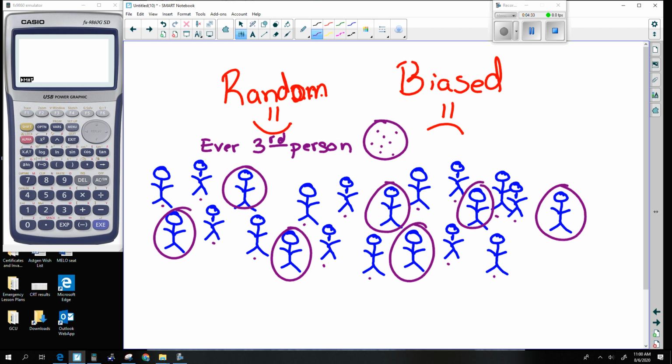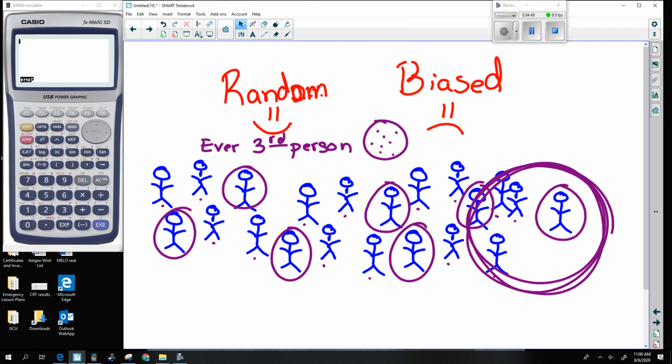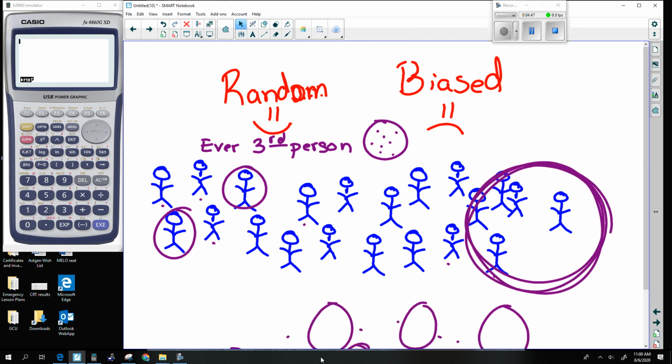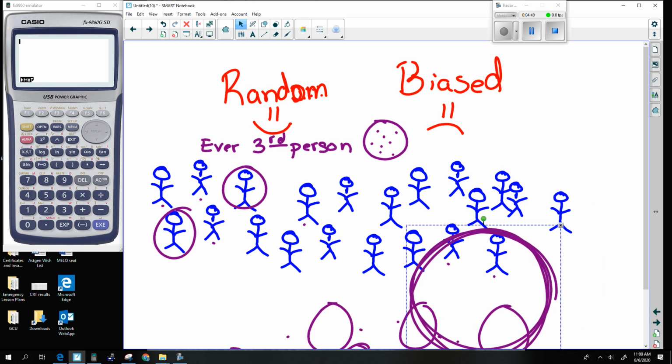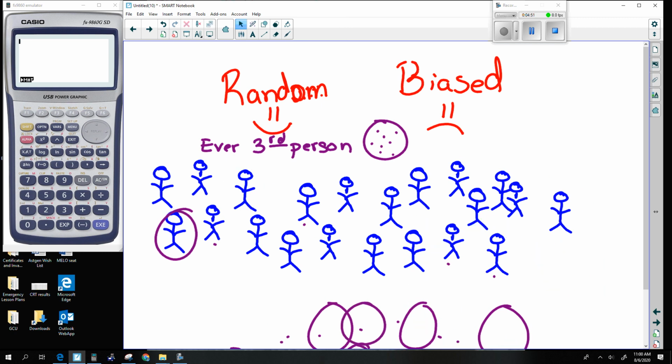I'm not secluding my sampling to just the first 4 people or something like that. I'm getting a fair and equitable representation of everybody. So that is one way that you can go about getting a random sample, the every 3rd person kind of concept.